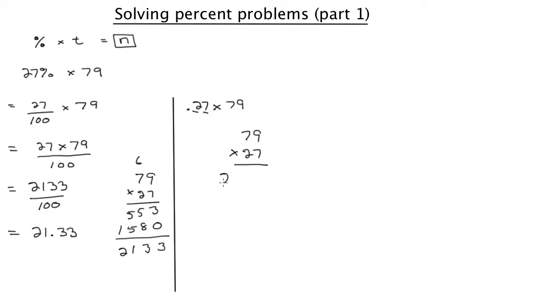I did it right here, so I'm not going to waste time here. That's 2,133. I had 2 decimals here in my factors, so that means there are 2 decimals in my answer. Put them back in, I get 21.33. Same answer. 21 and 33 hundredths. Okay.